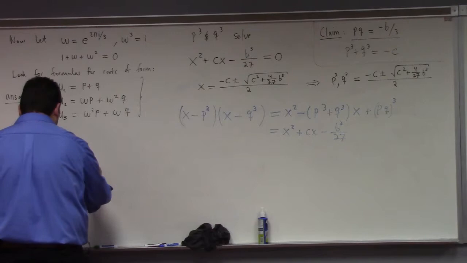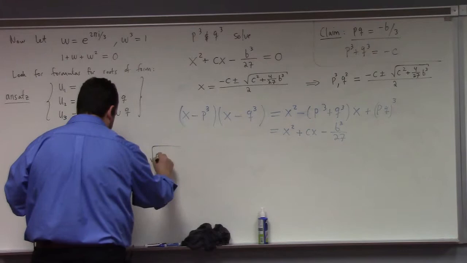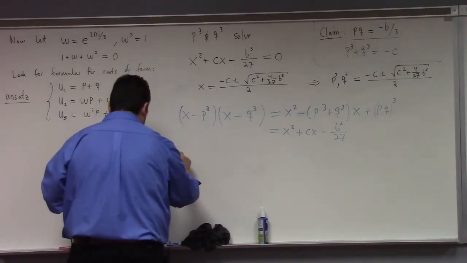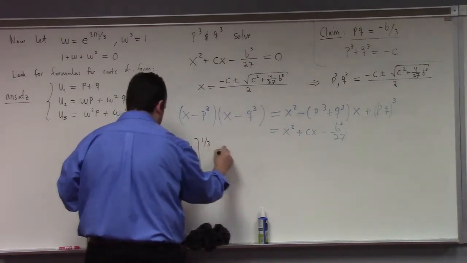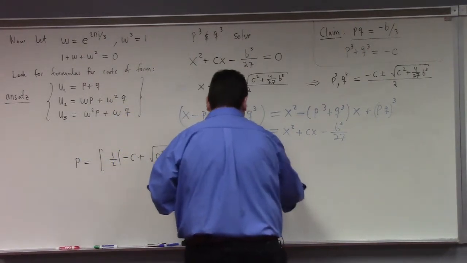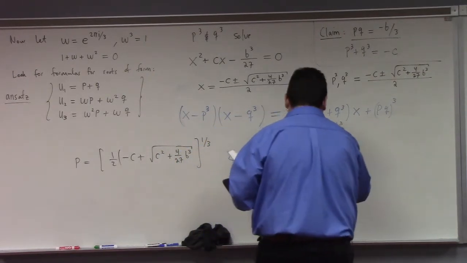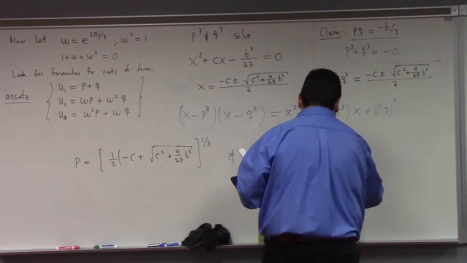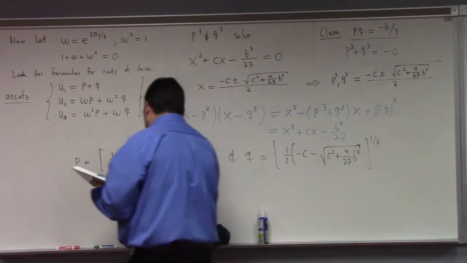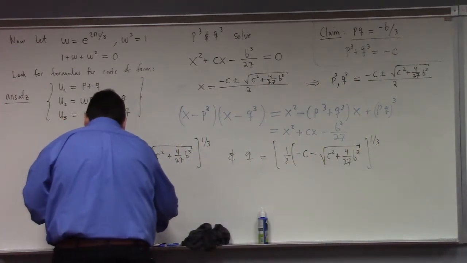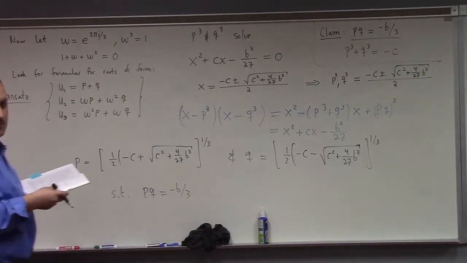He says, okay, so p is equal to the 1/2 of minus c plus the square root of c squared plus 4/27 b cubed, to the 1/3, and q equals the 1/2 of minus c minus the square root of c squared plus 4/27 b cubed, third root, such that the cube roots are taken such that pq is equal to minus b over 3. So he just says that in this book.